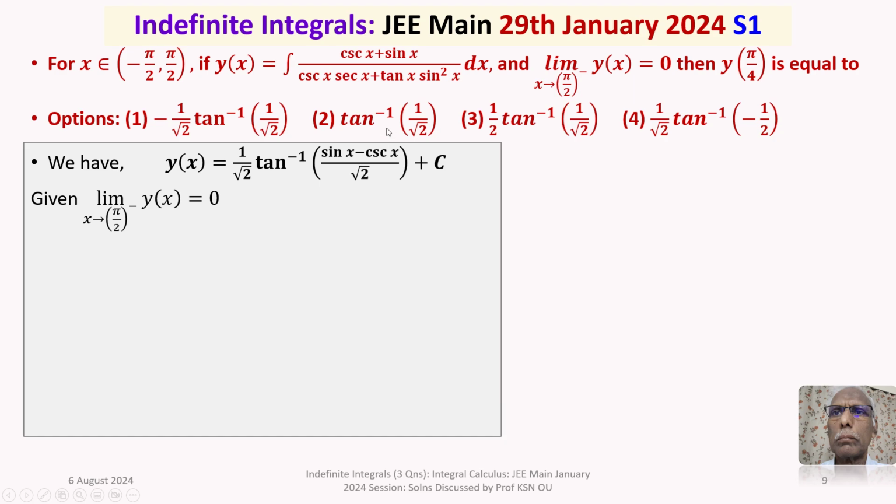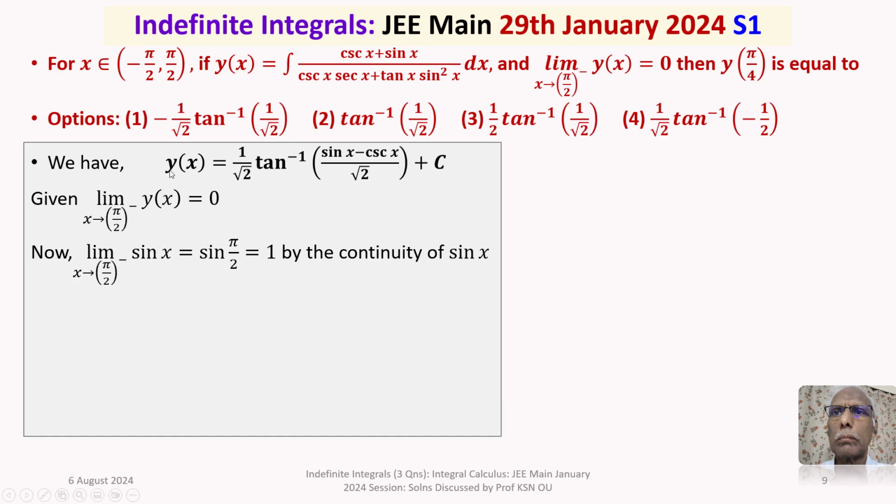Cosecant x is none other than 1 by sin x. So now we find the left limit of sin x as x tends to pi by 2. But sin x is a continuous function, continuous at pi by 2. Therefore, the left limit is equal to the value, sin pi by 2, that is equal to 1.